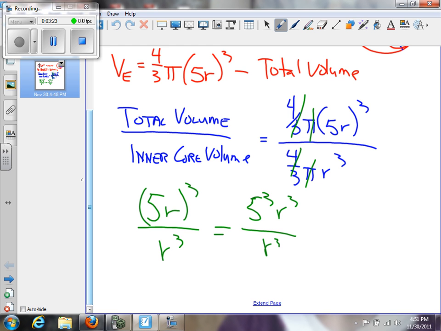I've taken my power of 3 and applied it to both terms inside my parentheses. Well, now I can get rid of my r cubed, and I'm left with 5 cubed, which equals 125. So the ratio is 125 to 1 between the Earth's total volume and the volume of the Earth's inner core.